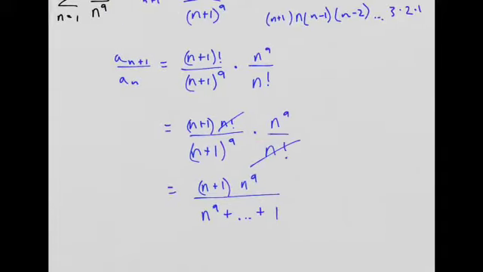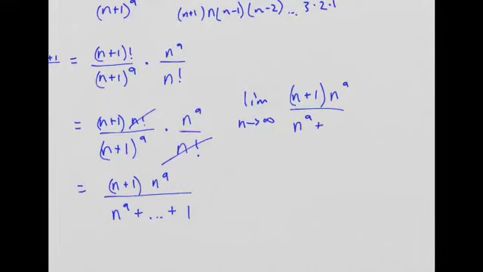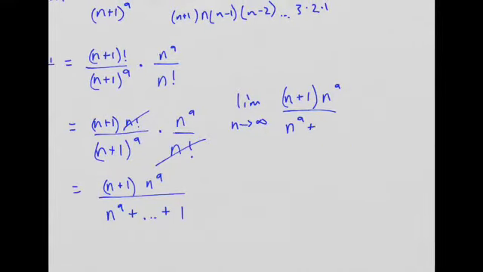because of what happens. If I took the limit as n approaches infinity, it should be the absolute value of this ratio, but I don't need that part because I don't have any negative terms. n to the 9th over n to the 9th plus all these other terms in the middle, they have degree 8, a power of 8, 7, 6, 5, 4, 3, all the way down to n to the 0.